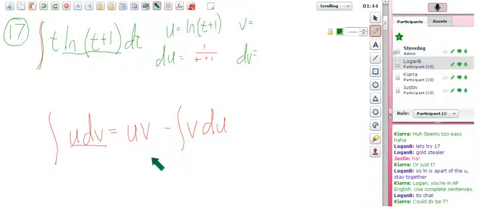It would be 1 over t plus 1. And if natural log of t plus 1 is u, then what is dv? What are the leftovers of that integral?